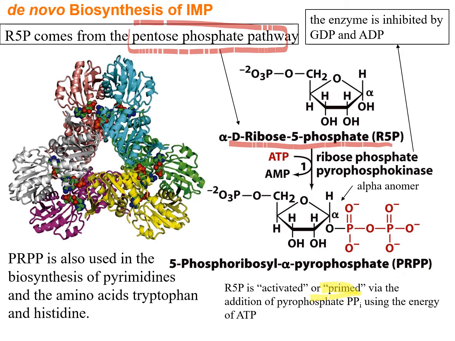So the PP here stands for the pyrophosphate. That's a very good leaving group, and it is this leaving group that's going to allow the reaction to occur, the step-by-step synthesis on this backbone. The backbone being the sugar and the phosphate moiety.